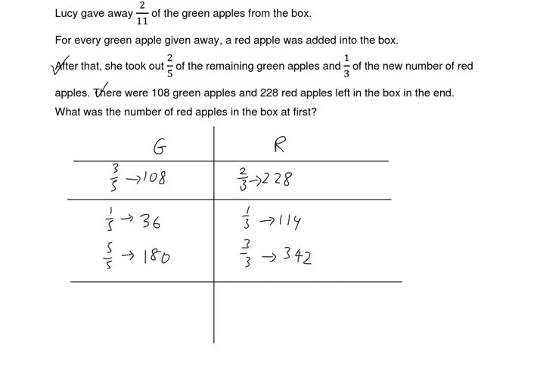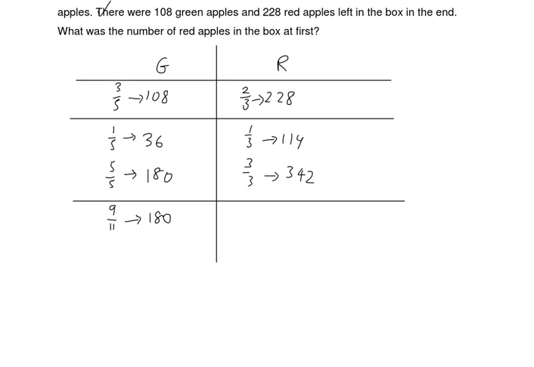Because Lucy gave away 2/11, she's left with 9/11, right? So 9/11 must be my 180. How many green apples does she have at the start? I must find 1/11 first, which is how much, Lauren?